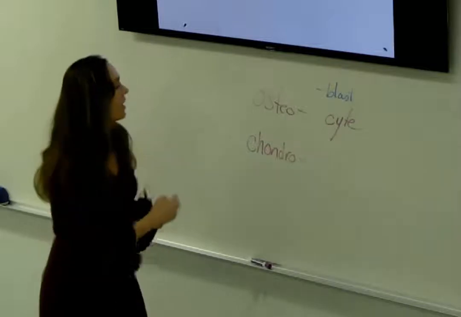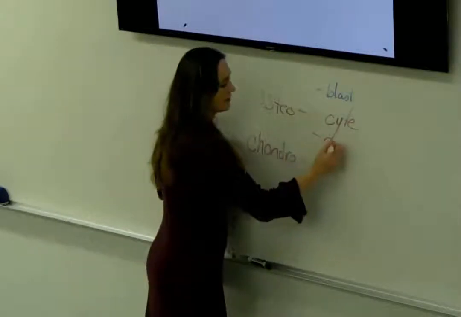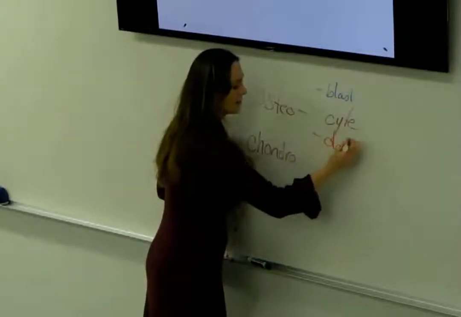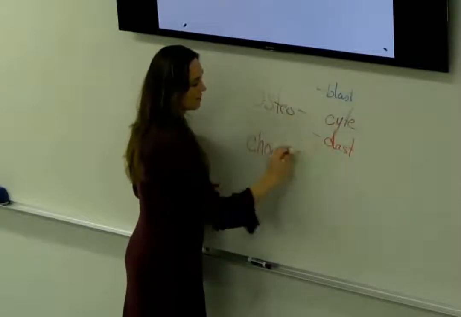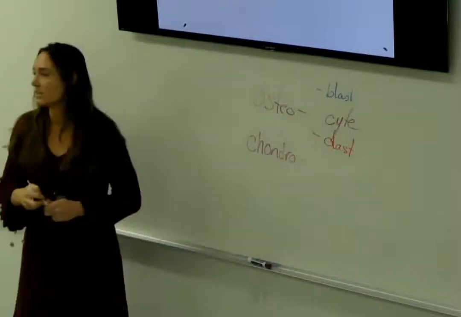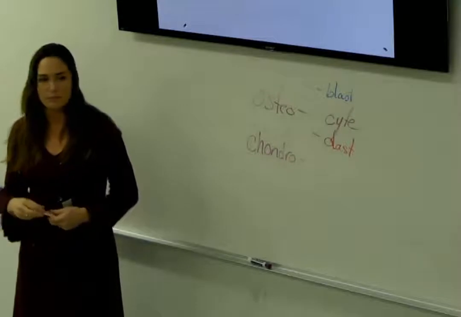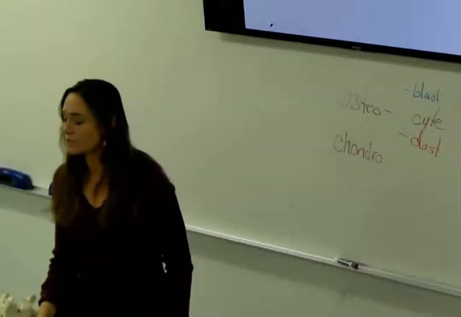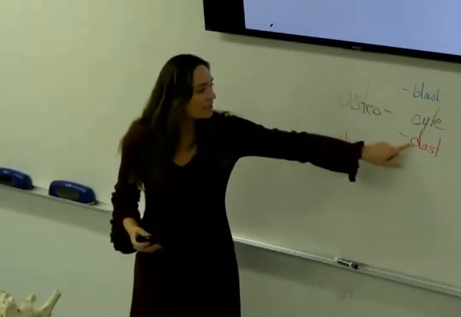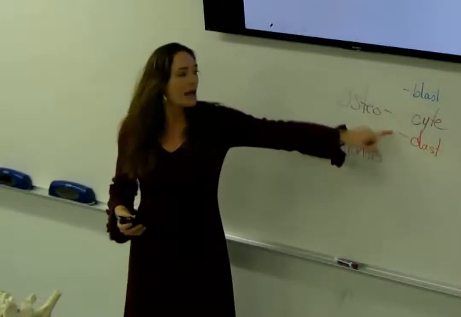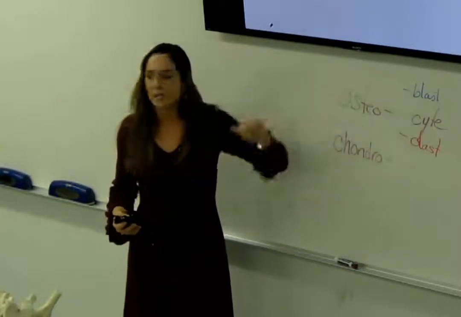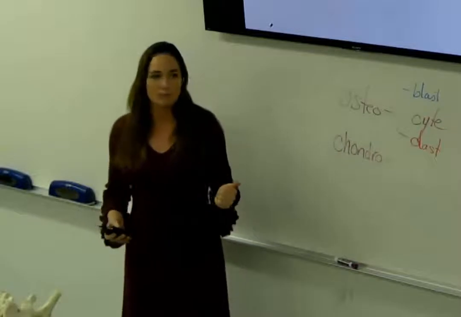If you have an osteoclast or a chondroclast, it means it's going to break it down. Somebody with osteoporosis has very active osteoclasts, and you want to stimulate osteoblasts to build bone.